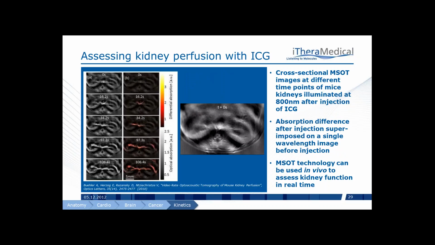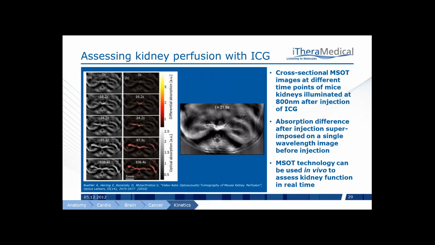When we then inject probes, either molecular probes or blood pool agents, we can track this over time and visualize their behavior over time. In this case, ICG was injected, and we monitor this over a 1.5 minute time scale, and we can see the ICG coming into the kidneys and circulate. Start the video.